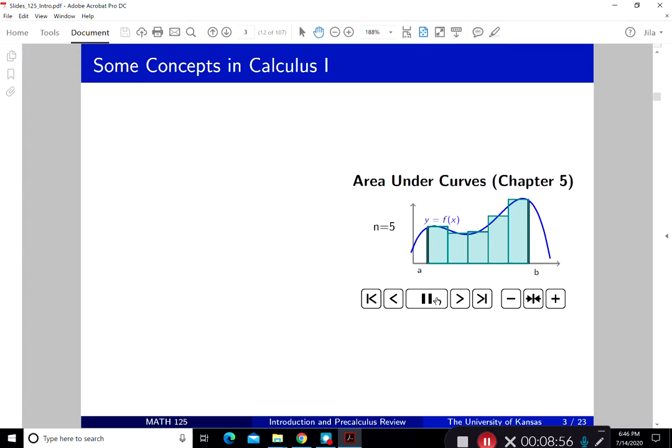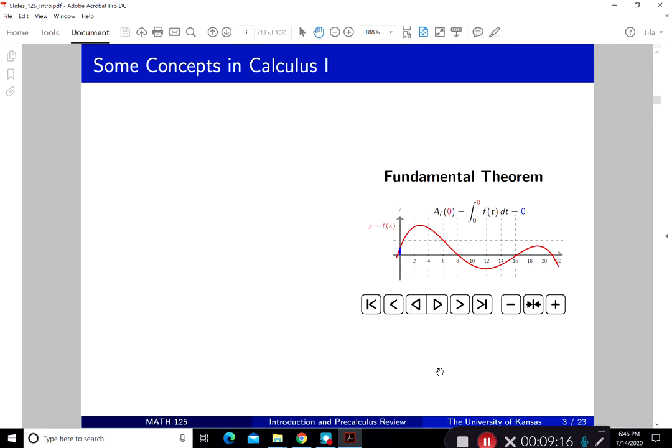We use this concept of infinitesimal change again, and we basically tile under the curve using rectangular shapes to find the area under the curve. And that, in chapter 5, ends up with the fundamental theorem of calculus.